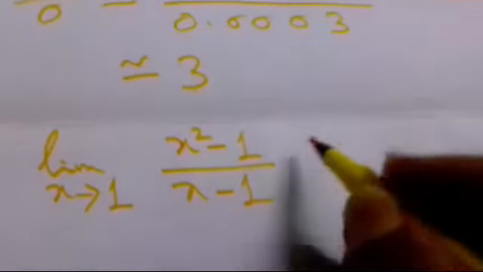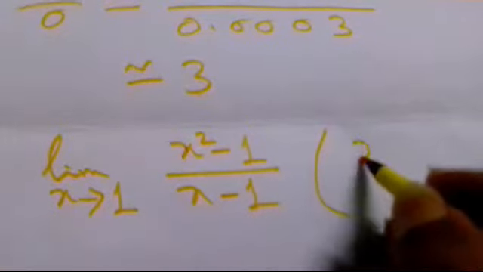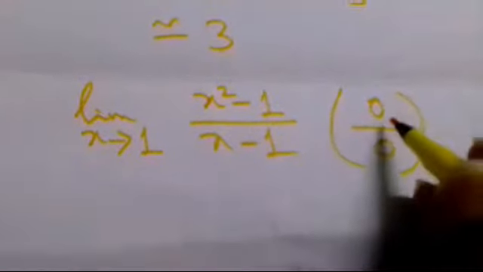We have rationalized this type of function, but we must observe it in the neighborhood of 1. It will be 1 square minus 1, so the result will be 0, and here also 1 minus 1, the result will be 0. So this takes the form of 0 by 0.